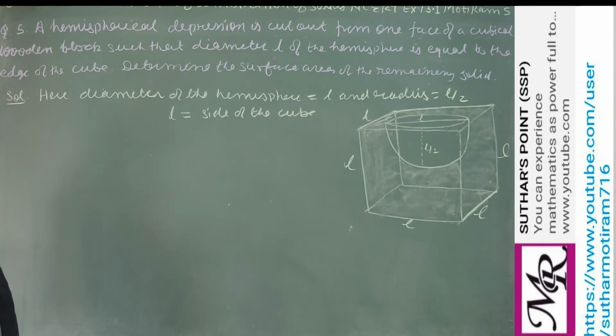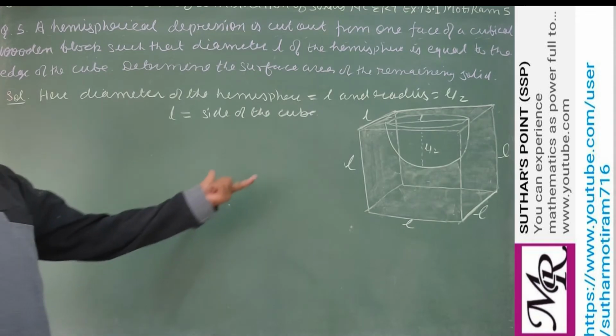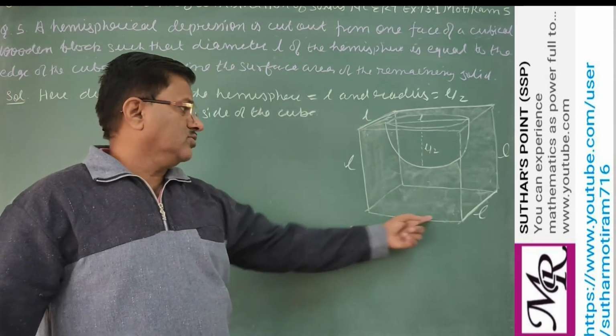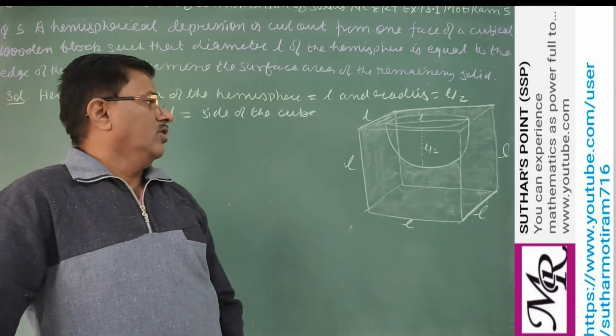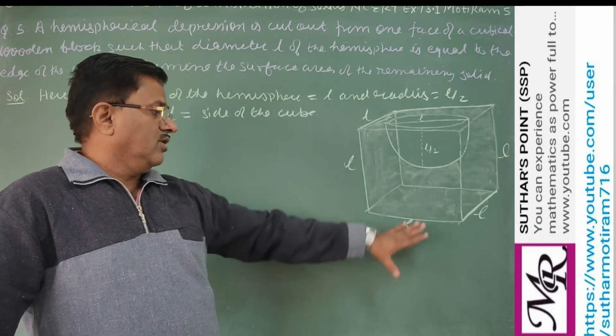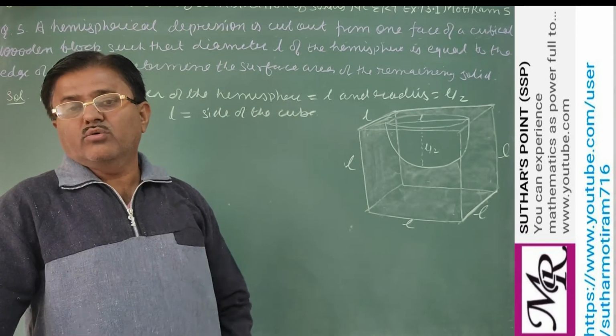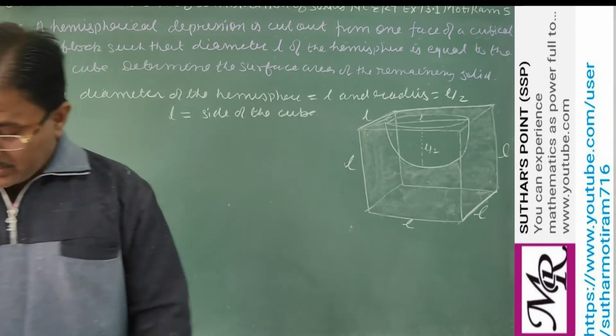So we get the dimensions of this. In the hemisphere there is only one diameter, or radius, and in the cube we have only one side, all sides equal to L. Clear?